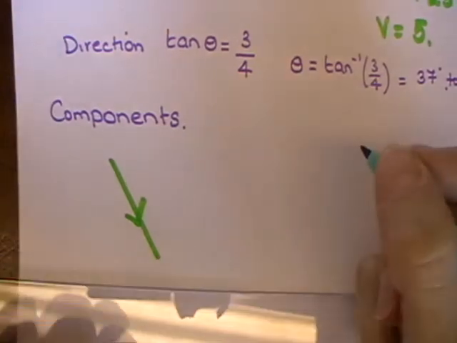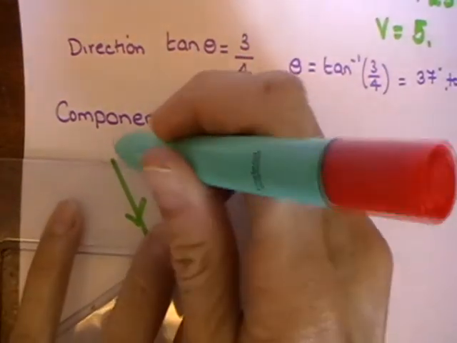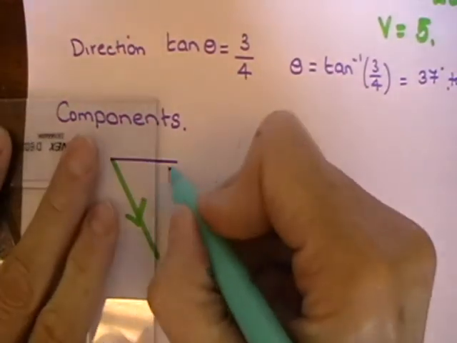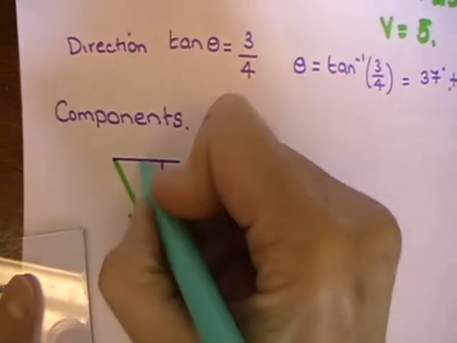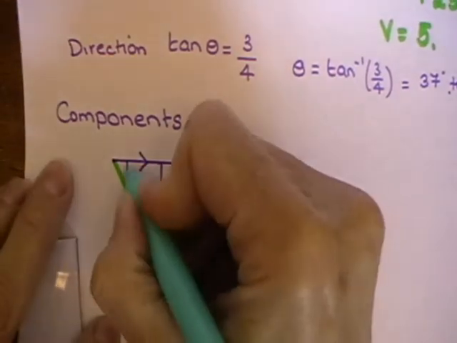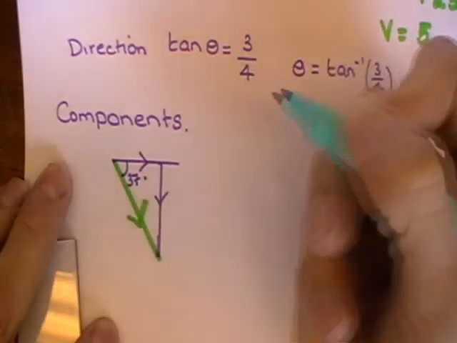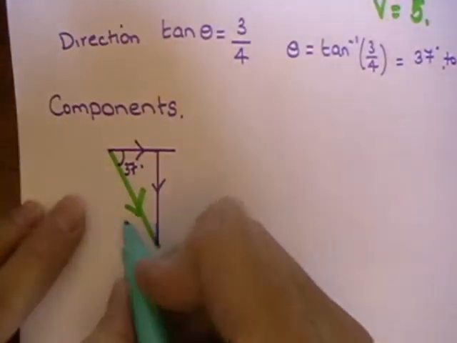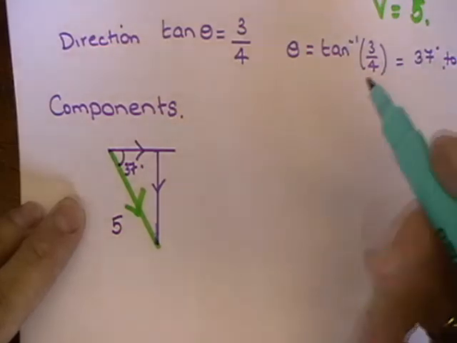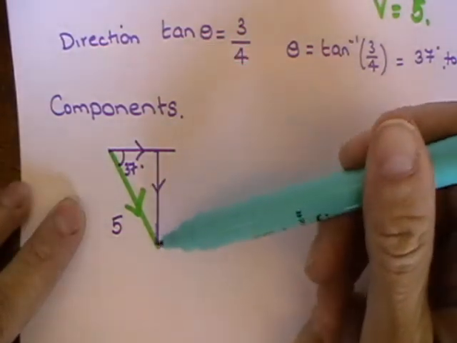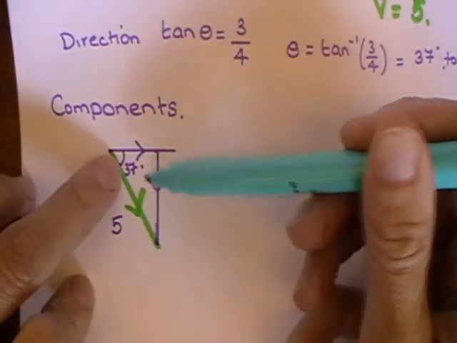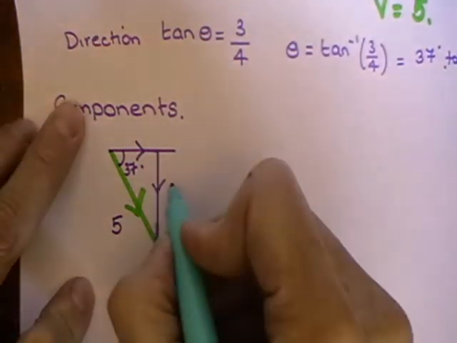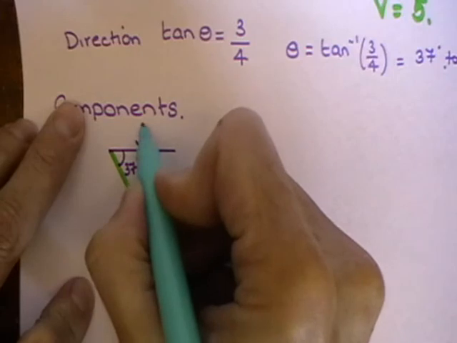What I would do is draw in a vector triangle, horizontal and vertical to that line, like that. I would put in my angle, 37 degrees, and work out that this has a size of 5. This line here is the opposite side to the 37 degrees, and I'll call this one adjacent.